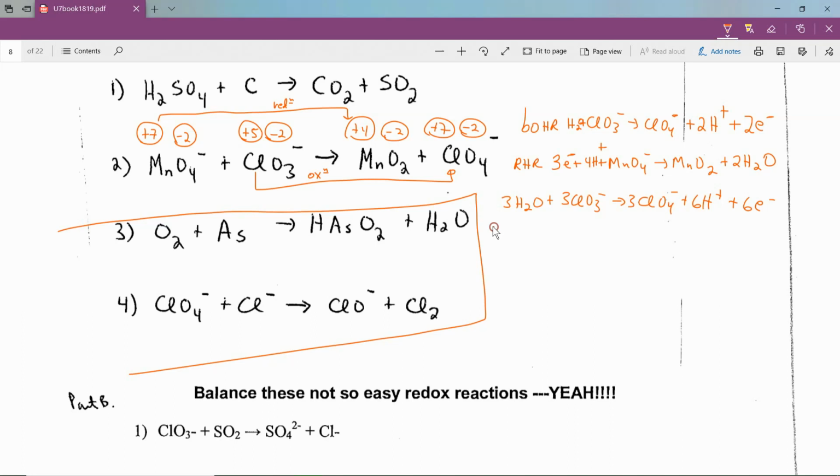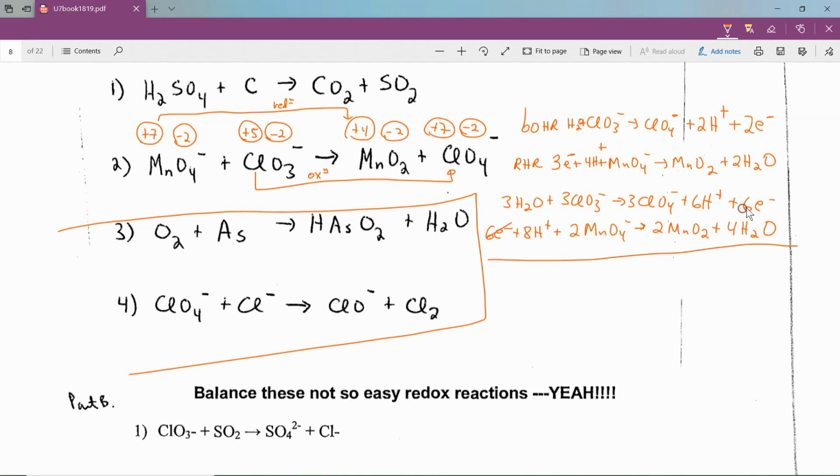So I get 6 electrons plus 8H plus 2 MnO4 minus goes to 2 MnO2 plus 4 H2O.